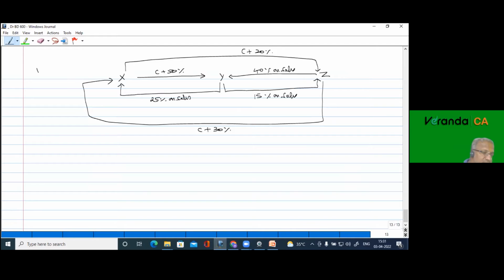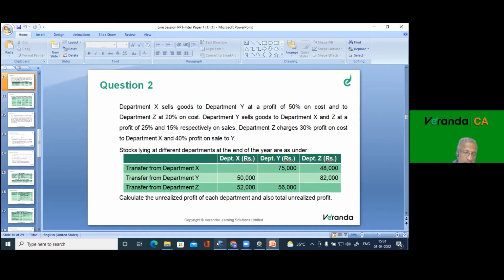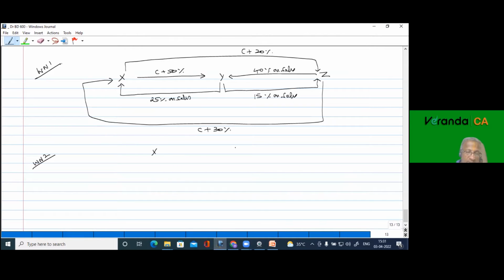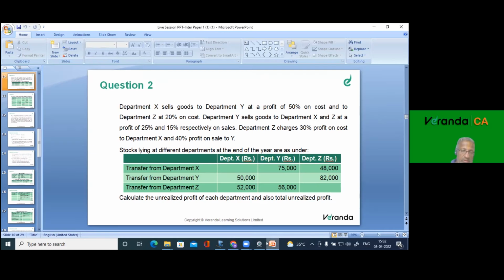So this is the first diagram. Working on number 2. Stock in X, in Y, and Z. From X, from Y, and from Z. 75,000.